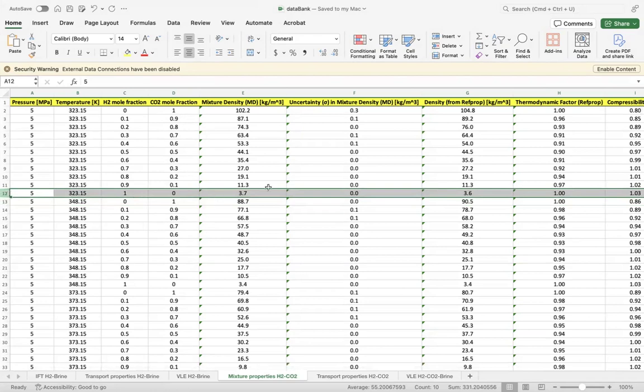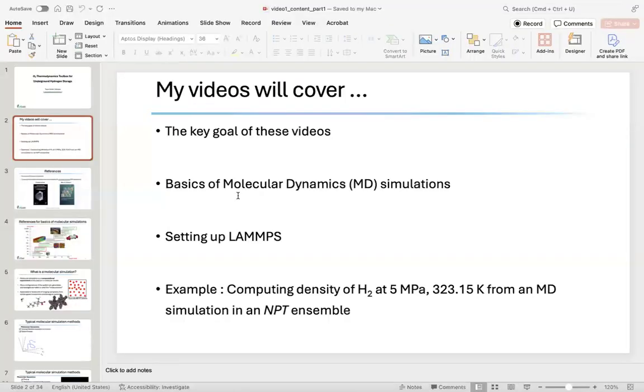You see here that its density is roughly around 3.7 kilograms per meter cube. So we will try to see how we can calculate this particular data point using molecular simulations. That's the goal of my lecture. The basics of the molecular simulations will then help you get to this final data point, or to compute this particular data point.